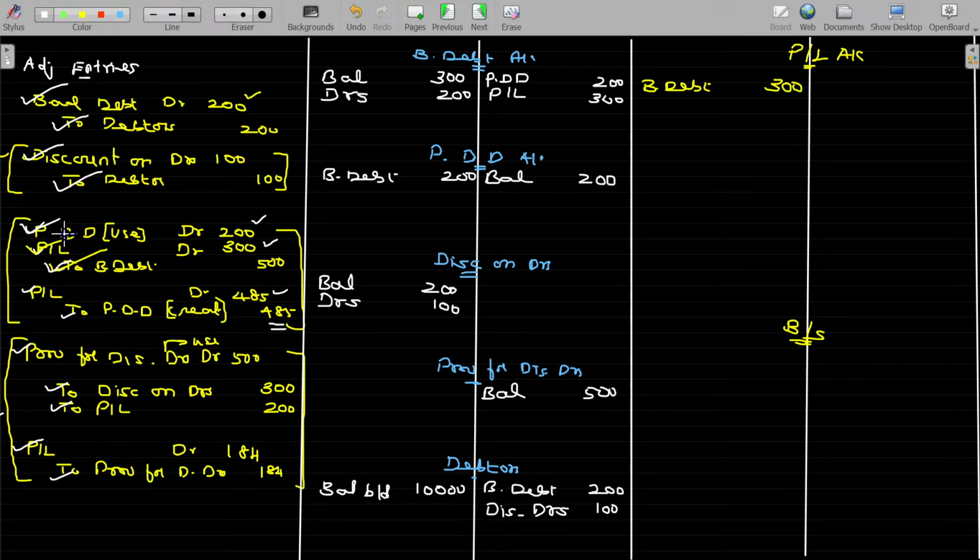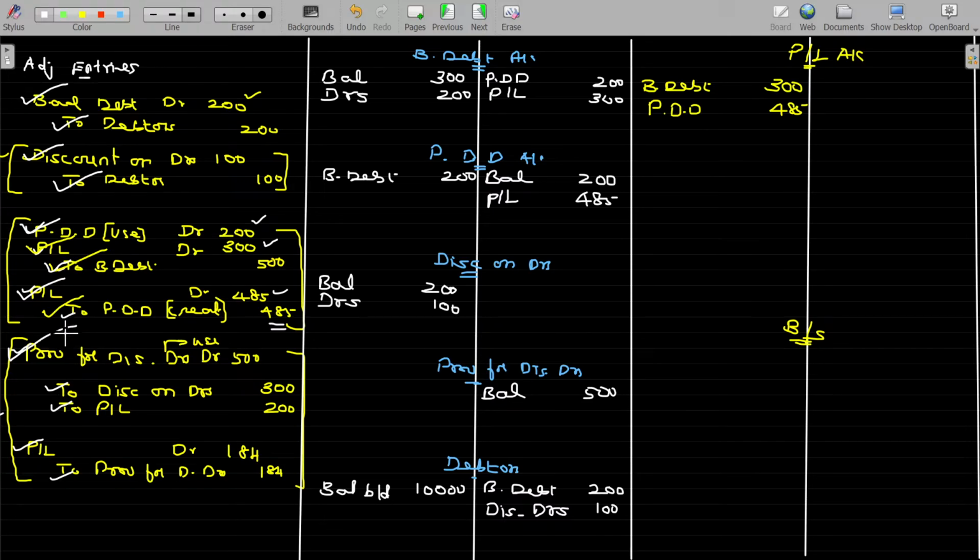The opposite means you have to write all the two items. And this one, P&L account, to PDD, this value being 485. In PDD, by P&L account, 485.